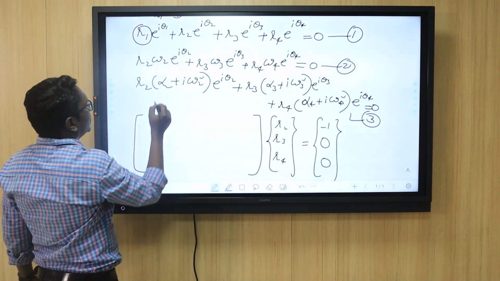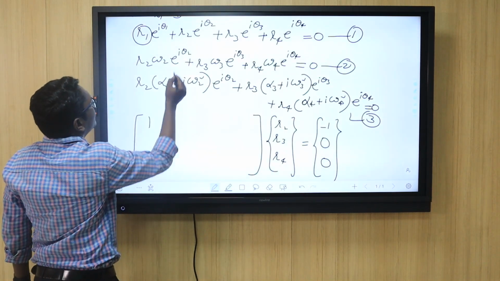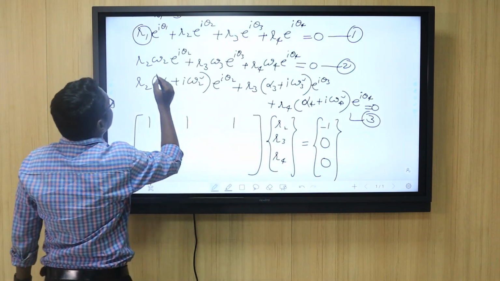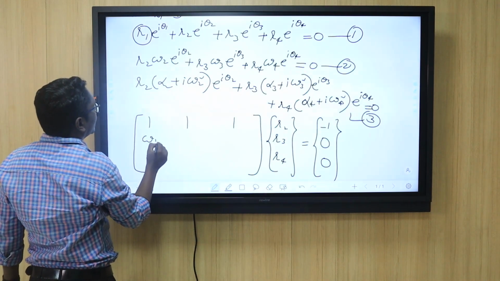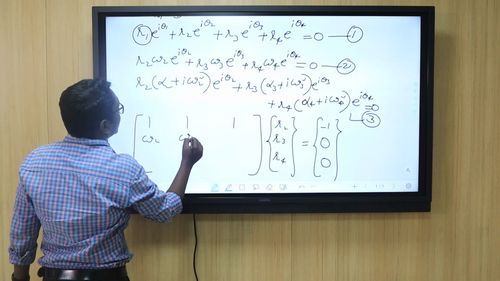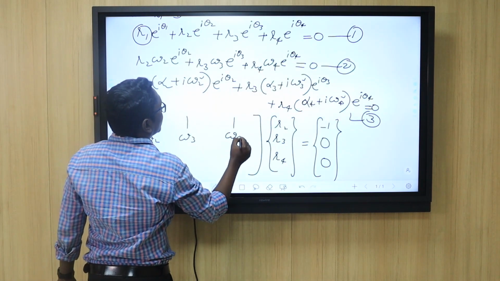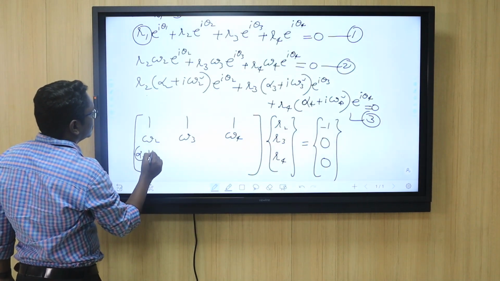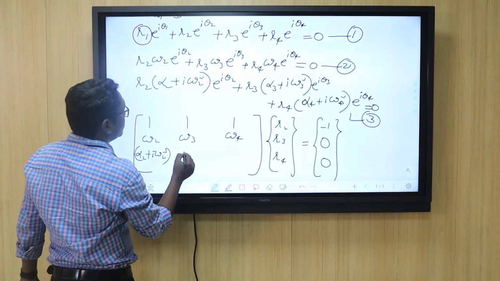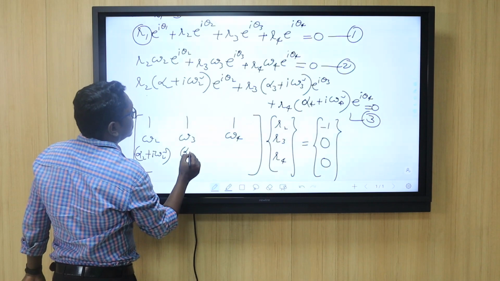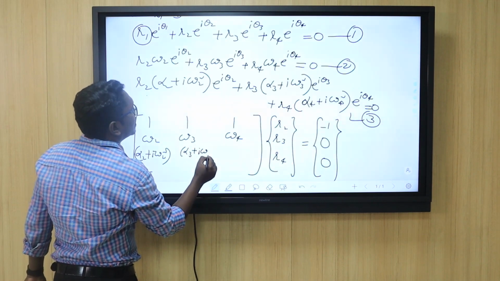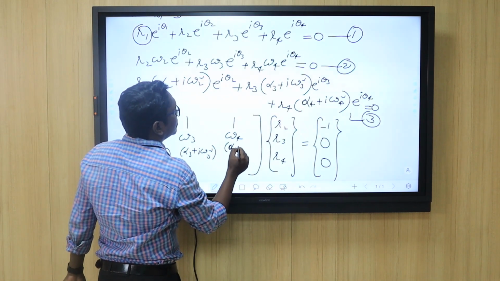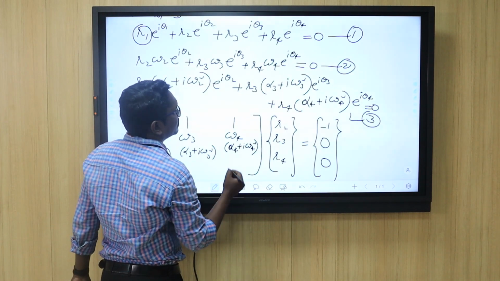So now finally let us write the matrix form: 1, 1, 1; omega 2, omega 3, omega 4; and alpha 2 plus i omega 2 square, alpha 3 plus i omega 3 square, alpha 4 plus i omega 4 square.